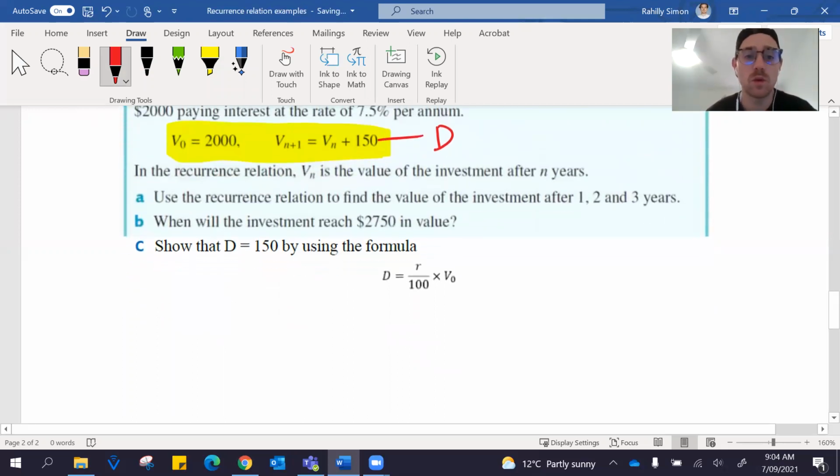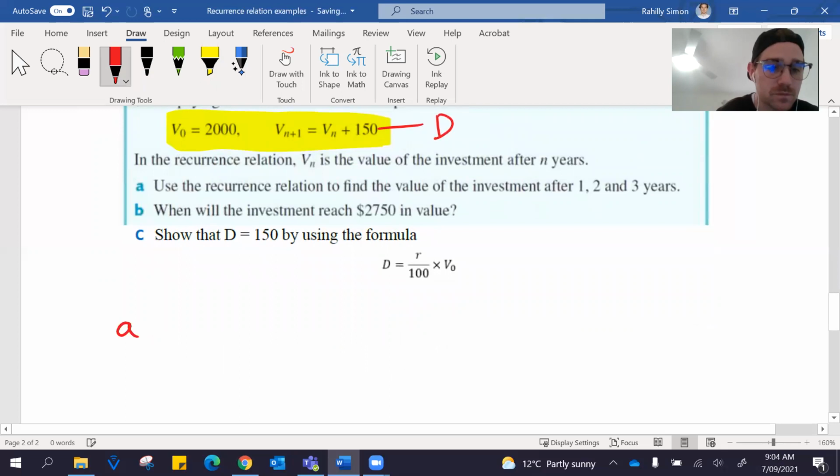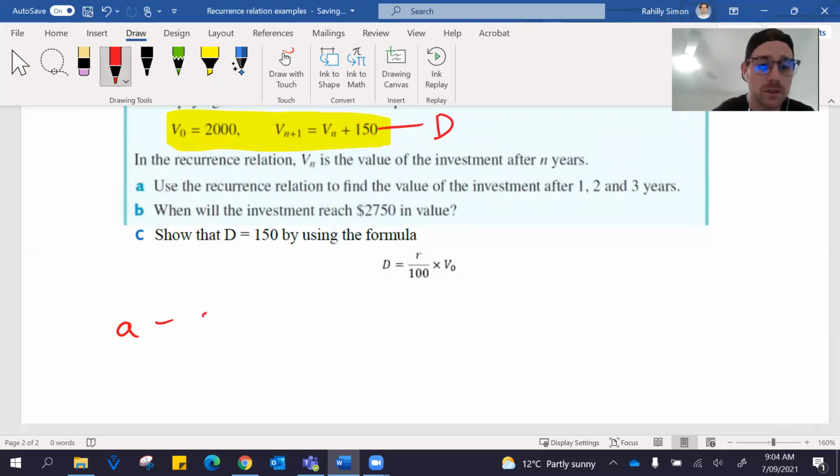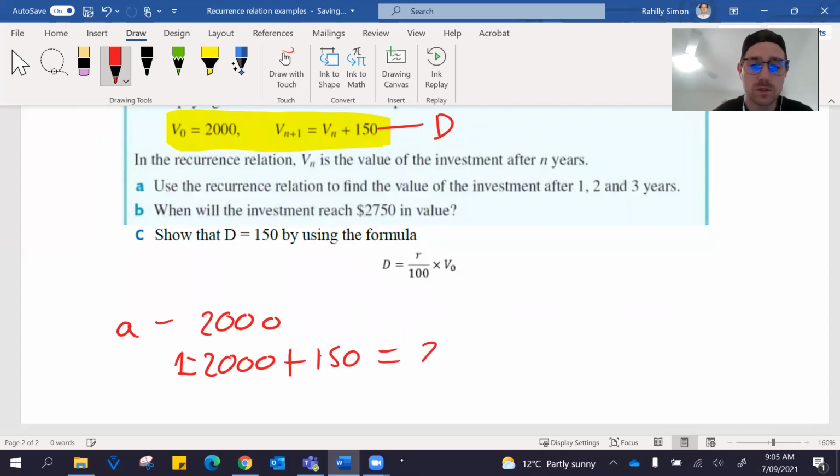So basically all you're doing for that, at the beginning of the investment, you've got 2,000, because that's how much you're investing. At the end of the first year, so year 1, you've got 2,000 plus our 150, which equals 2,150.